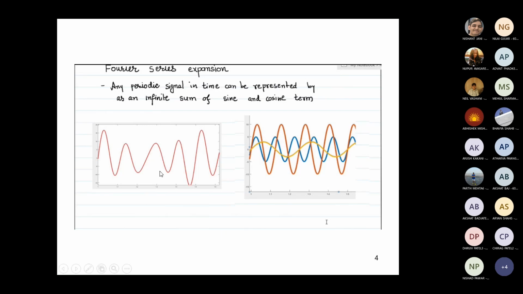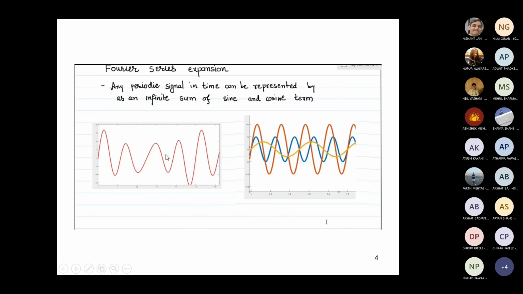So now what does the FFT analyzer do? It breaks down this signal and identifies the frequency and amplitude of the various signals which make up and decompose this signal.